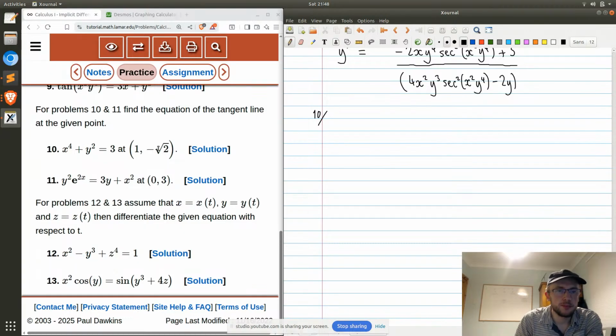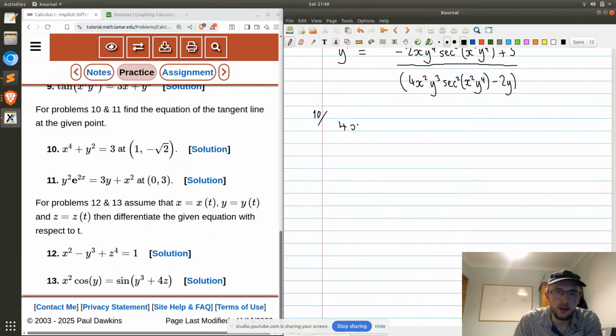First, I will substitute these coordinates. No, wait. Do I want to do that? No, I don't. Instead, I'll just straight up differentiate.